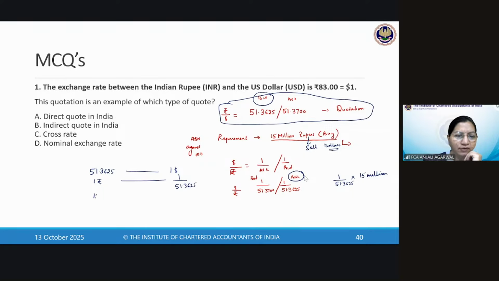And if you had sold 15 million rupee, this is what you would have got. Got it? So you can straight away divide by the bid rate when you are given a direct quote. If you wanted to buy or sell dollar, you would have multiplied by either of the two rates. But if you know that your requirement is the opposite, then you divide by the applicable rate. So 15 million divided by 51.3625.